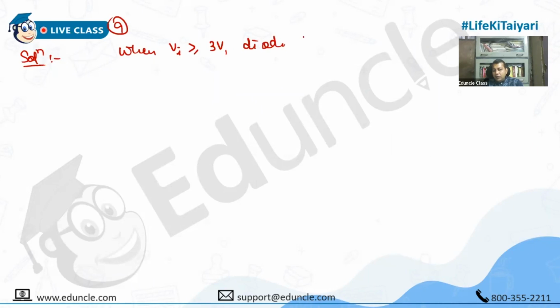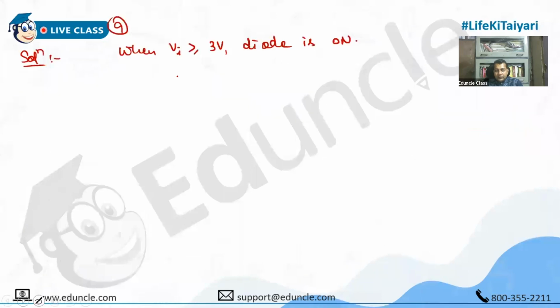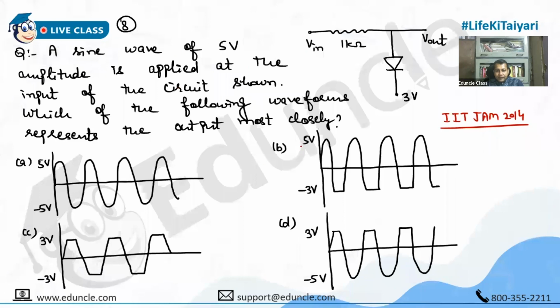And when the diode is on, it will keep only 3 volt, and we are taking the output across the diode. So the output will become constant at 3 volt for input voltage greater than or equal to 3 volt. That is, the part of the input above 3 volt is clipped. So this one is wrong, this one is wrong. It can be either C or D.